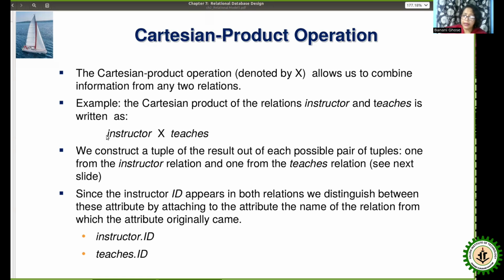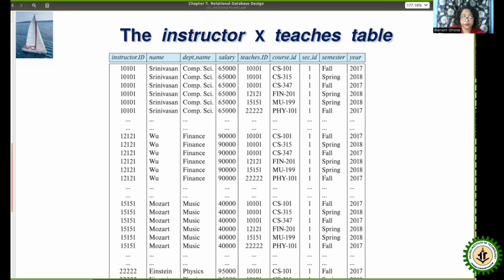It will be creating the combination of the first row of the instructor table with all the rows in the teaches table, then the second row of the instructor table with all the rows in the teaches table. In this way, the entire table will be built, which will be a bigger one. But in some cases, it is required to have the Cartesian product of two tables for specific purposes.